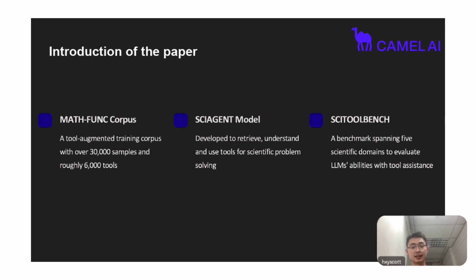Next, after they built the corpus, they developed a new agent model called SciAgent, which we're going to introduce later. But essentially, the overall idea is the model first plans how to solve the problem. Then it plans which tools to use, and retrieves the corresponding tools from the database of tools that we provided.